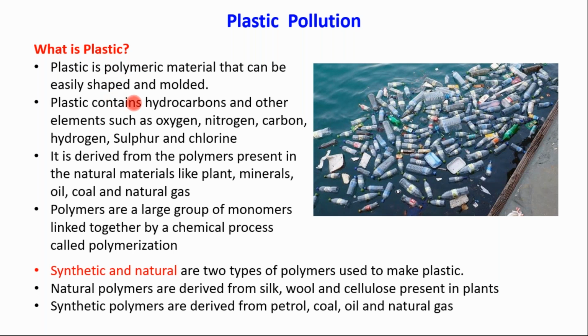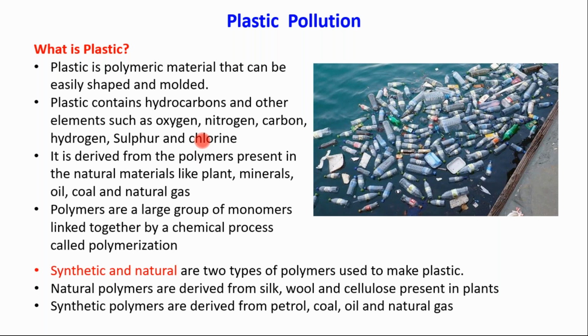Plastic contains hydrocarbons and other elements such as oxygen, nitrogen, carbon, hydrogen, sulfur and chlorine. So these are the different constituents of plastic. From these elements and components, we can understand that a variety of adverse effects may occur on the environment.